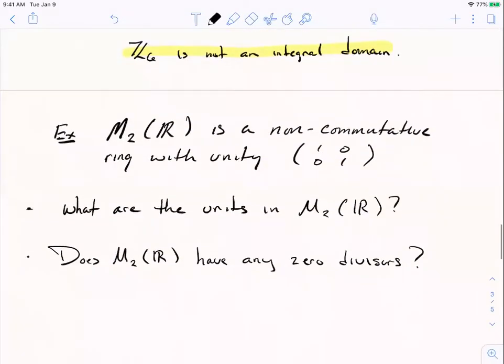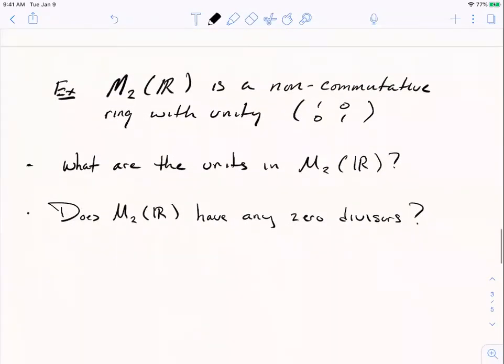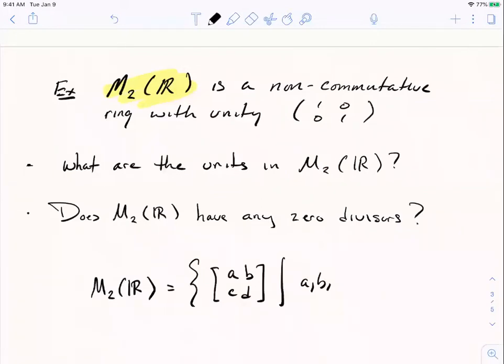Let's look at a non-commutative example. M2R, you remember it? It's 2 by 2 matrices with real number entries. I didn't write it in these notes, so I can write it down here. M2R is the set of things that look like a 2 by 2 matrix with entries A, B, C, D. All 4 numbers, A, B, C, and D, are real.